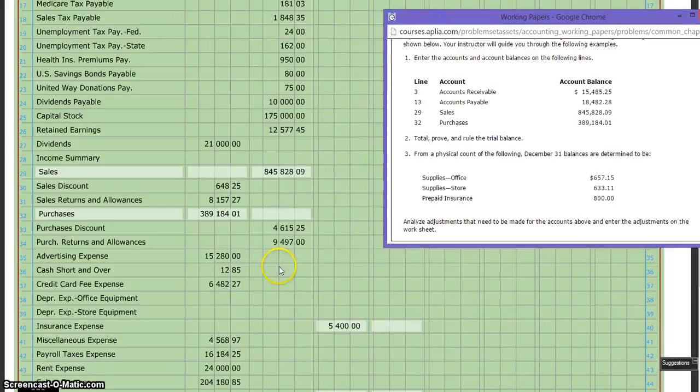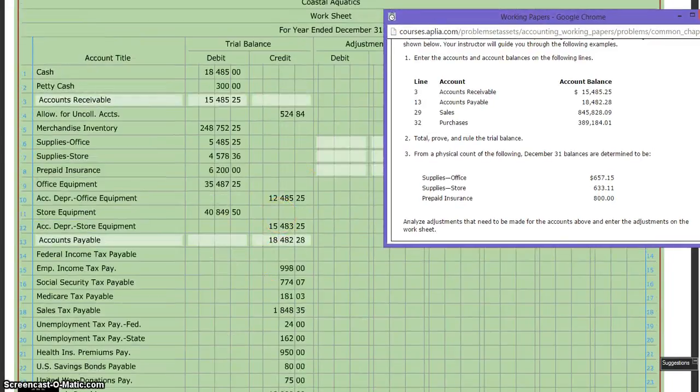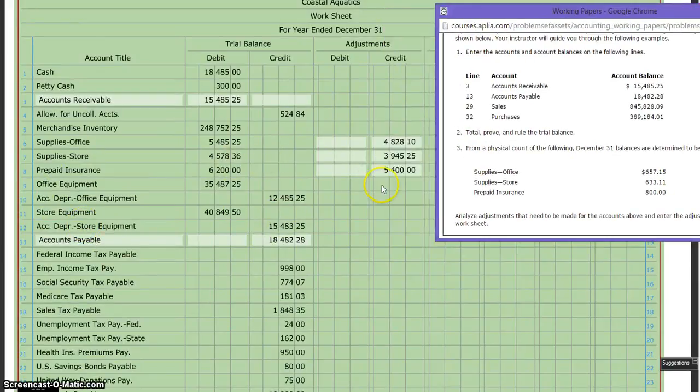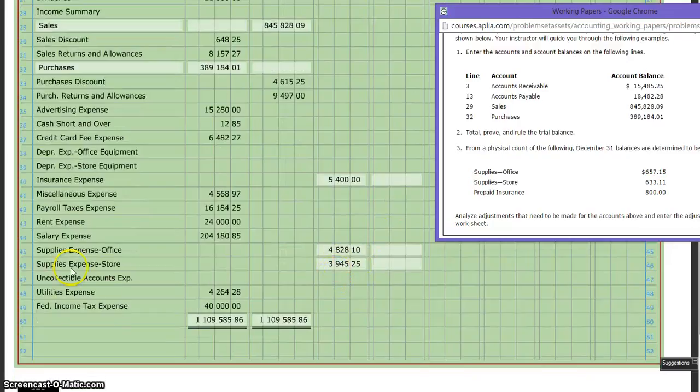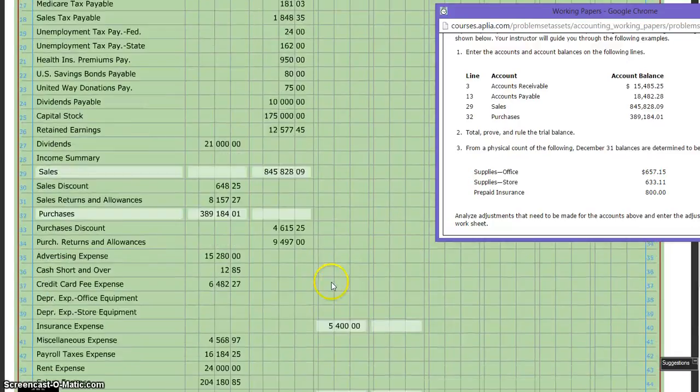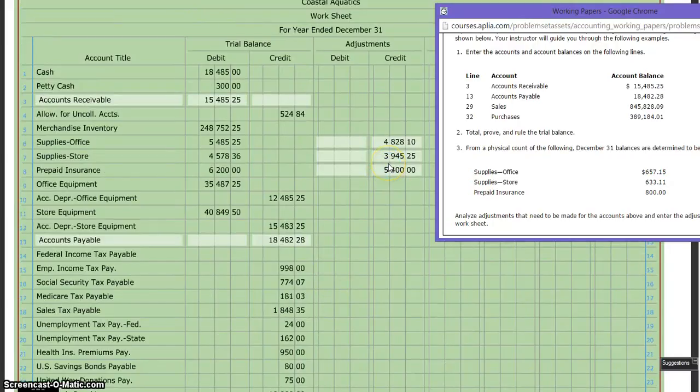So we go to that account, supplies-store, and we subtract what we started with, subtract this amount that was left, and we come up with $3,945.25. So remember, we always should do our debits first. So we go down to the supplies expense-store, we record the debit, and then we go back up here to the supplies-store and record the credit.